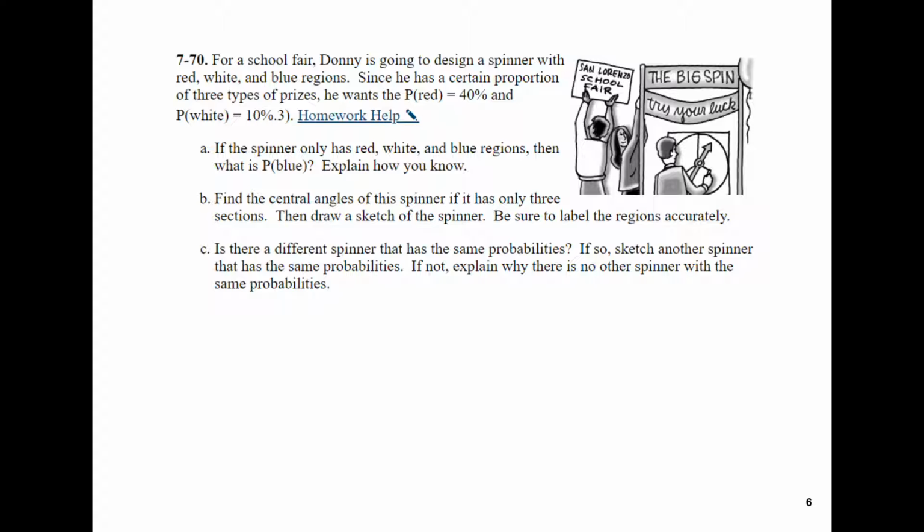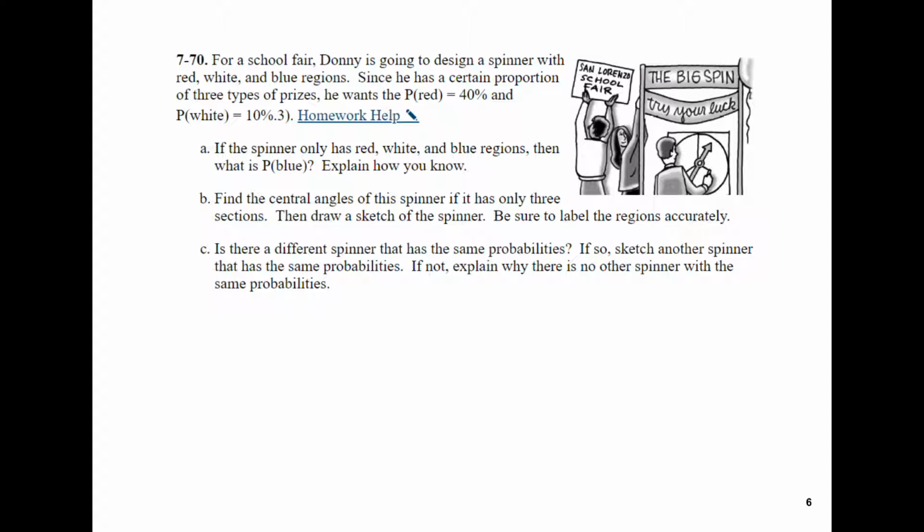770, for a school fair, Donnie is going to design a spinner with red, white, and blue regions. Since he has a certain proportion of 3 types of prizes, he wants the P of red to be 40%, P of white to be 10%. If the spinner only has red, white, and blue, what is the proportion of blue?